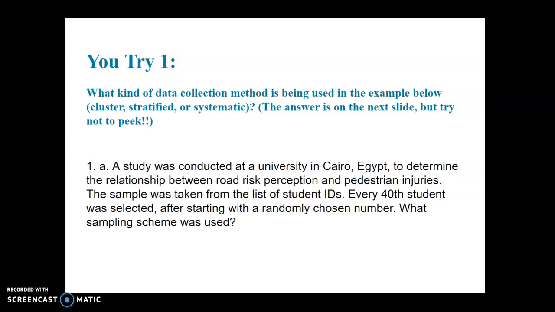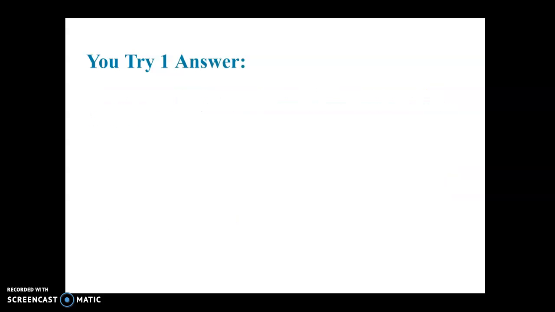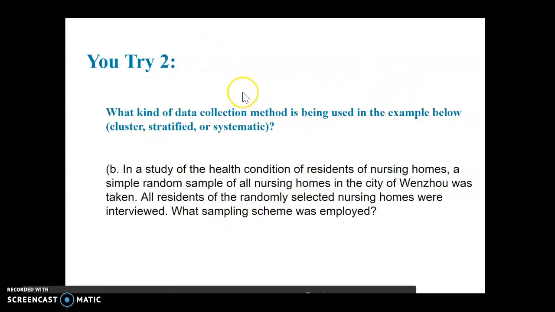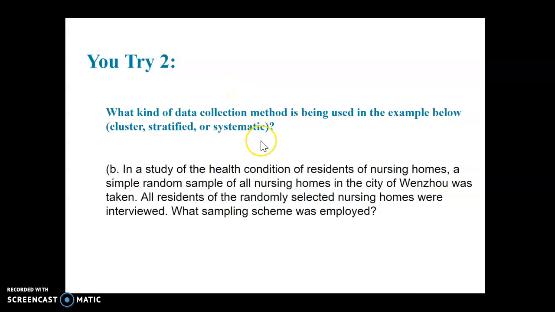This is a Pear Deck activity, so you'll need to join the Pear Deck, and I'll put that code out on Haiku. The answers are on the next slide. Try not to peek at what the answer is. You have to click. Okay, so try to quiz yourself. This is good practice for our quest on Wednesday.